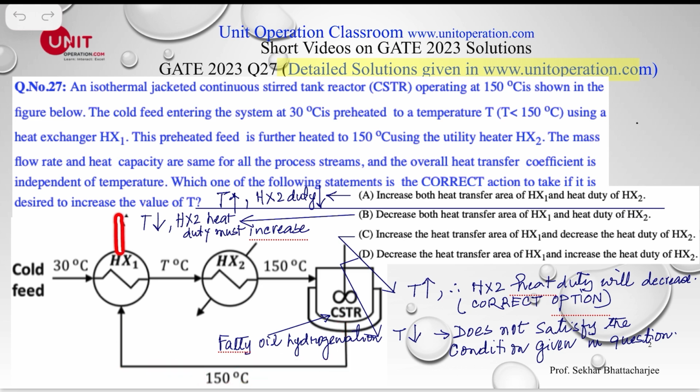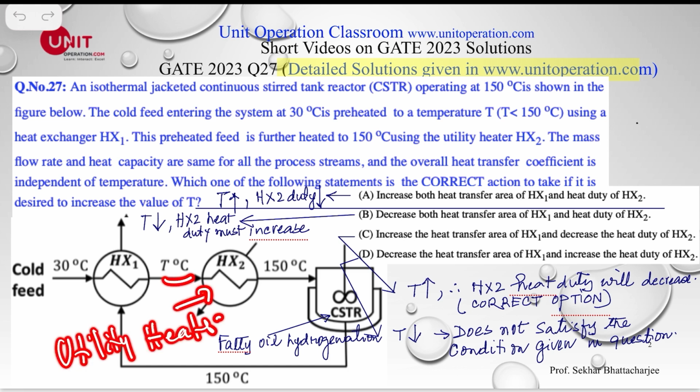And then, of course, after some cooling, this product goes out for further processing, and the feed is heated to a slightly higher temperature, T degrees Celsius. The preheated feed is further heated to 150 degrees Celsius using the utility heater HX2. So this is my utility heater.